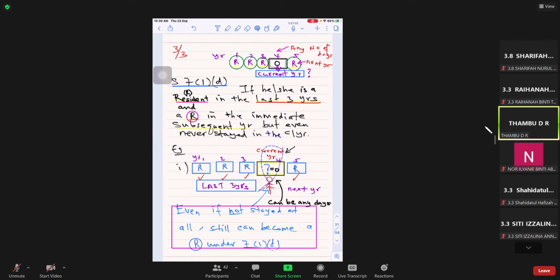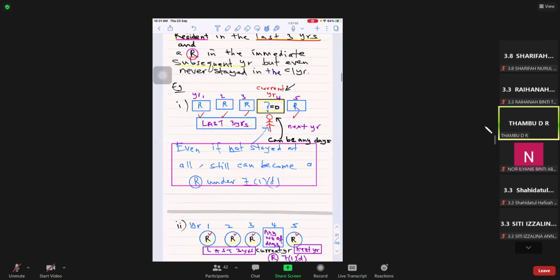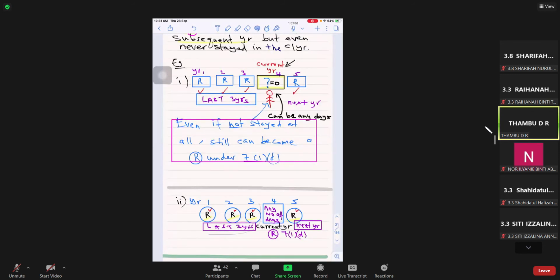That's how it will work. One more exercise. If you are resident, next year you're resident. Here you'll be resident. Any number, 0, 10, 20, 30, any number.